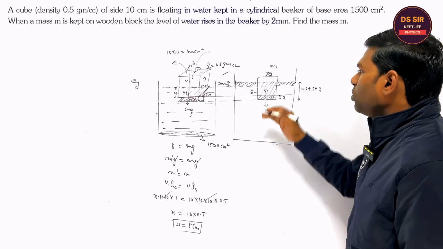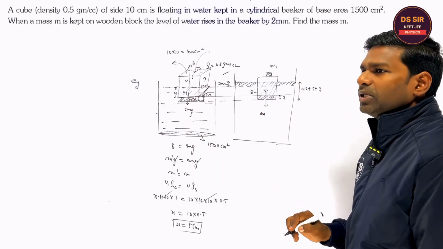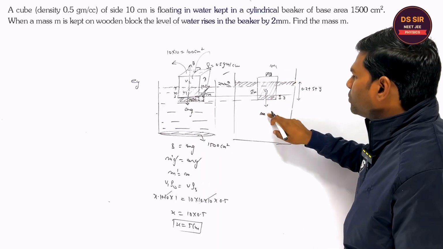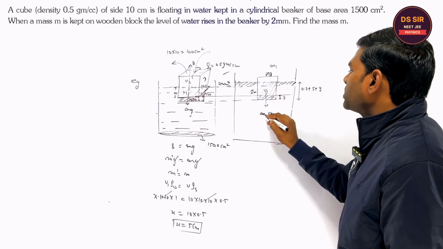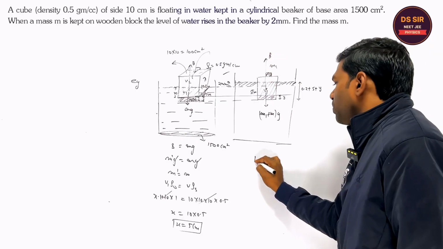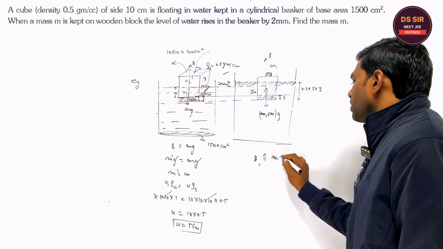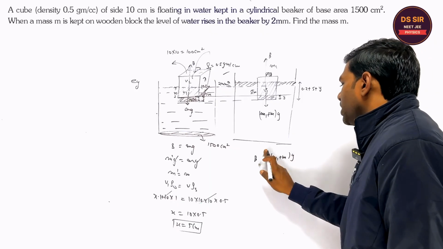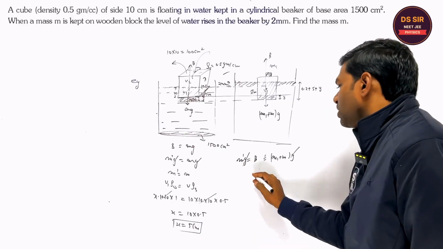Now, if you apply the equilibrium condition, what is it? The weight is mg plus m1g, that is m1 plus m, and the buoyancy force is B. So the buoyancy force must be equal to m1 plus m times g, which is equal to m dash g, and g will cancel out.